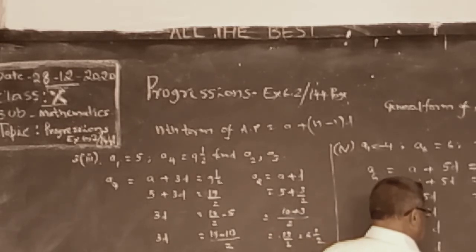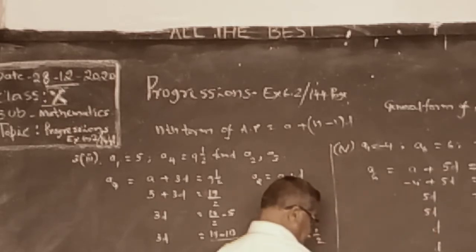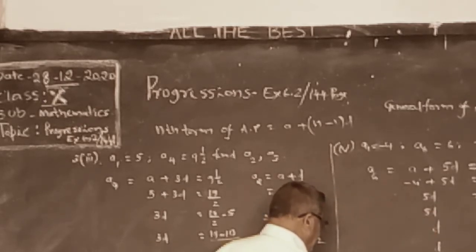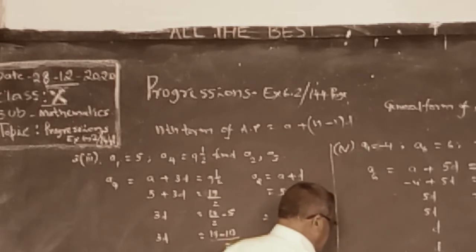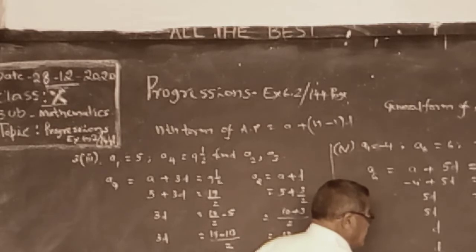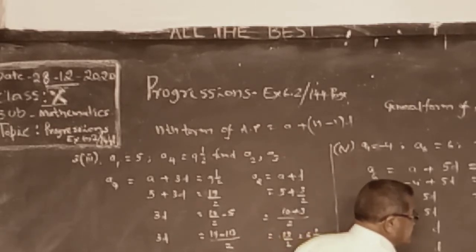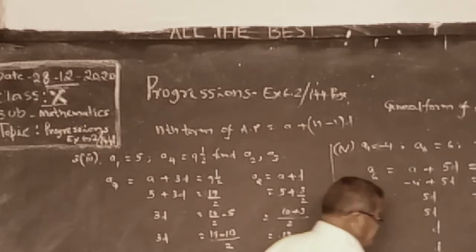So this is -4 plus 4, 0. A4, A4 is equal to A plus 3D, A value -4, D value 2. This is -4 plus 6 is 2.